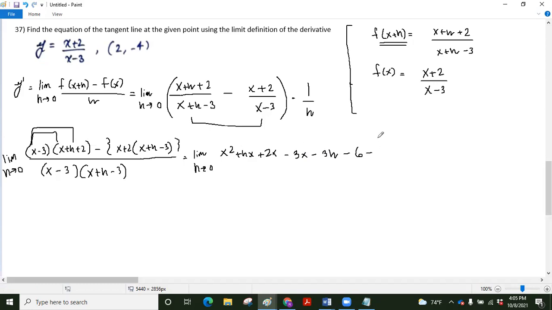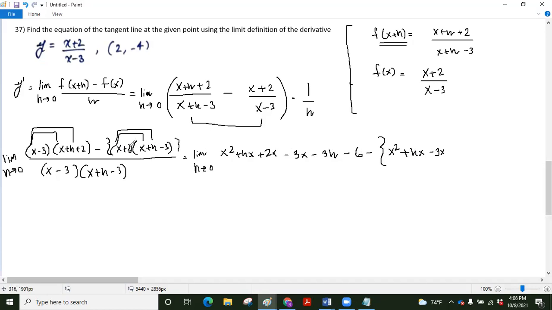And then we're going to distribute the inside. x squared plus hx minus 3x.